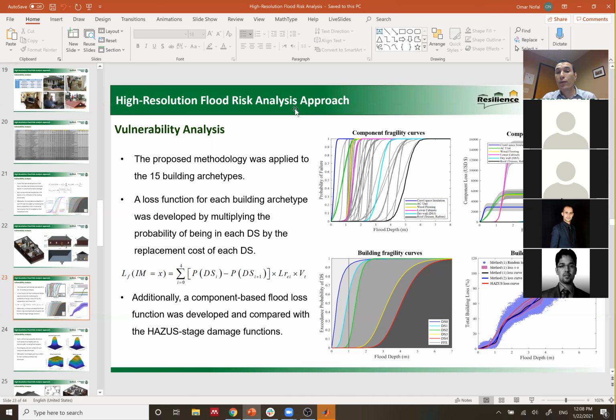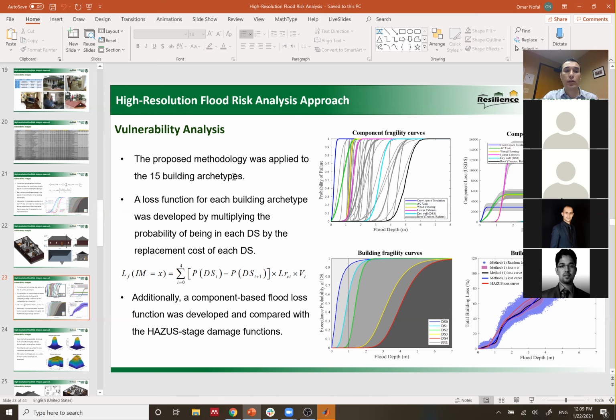So for the high resolution community model, in the next few months we will investigate the impact of data scarcity on the final loss and damage and other impacts on the community. Like, what if I don't have 15 building archetypes and I assumed all the buildings within the community have one archetype?